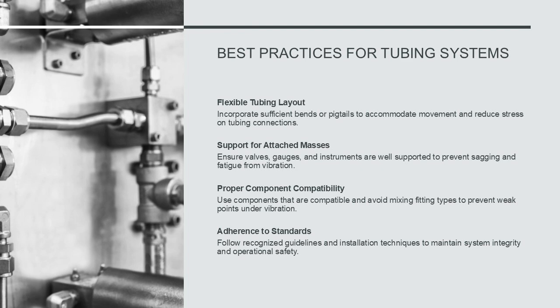Reference should be made to established guidelines such as the Guidelines for the Management, Design, Installation and Maintenance of Small-Bore Tubing Systems to ensure compliance with industry best practices. By following these principles, engineers can create tubing systems that are robust, reliable, and capable of enduring the dynamic forces present in industrial environments, thereby safeguarding instrumentation accuracy and operational safety.